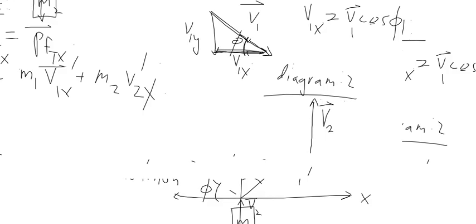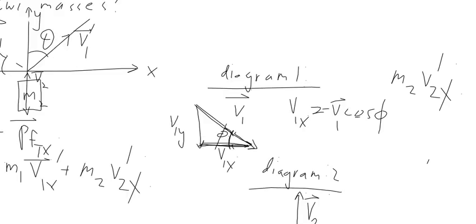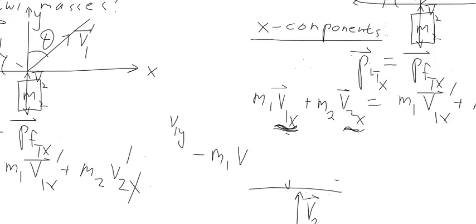Alright, so on the left-hand side of the momentum equation for the x component, m1 v1, by the way, this will be negative because this is a negative x-axis over here. So this is going to be negative m1 v1 cosine phi. Be careful with the directions.